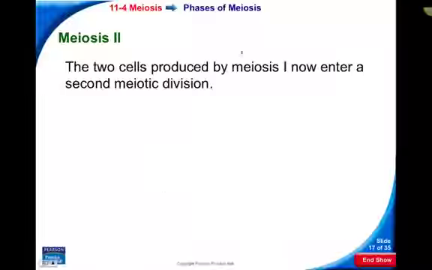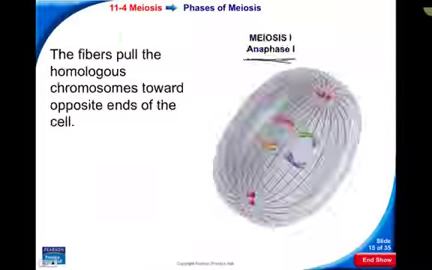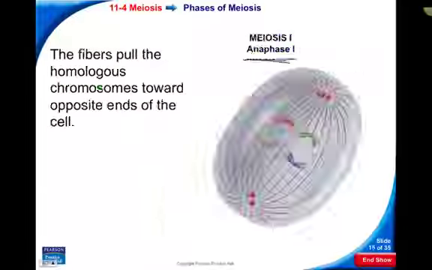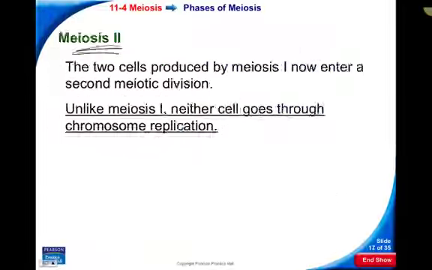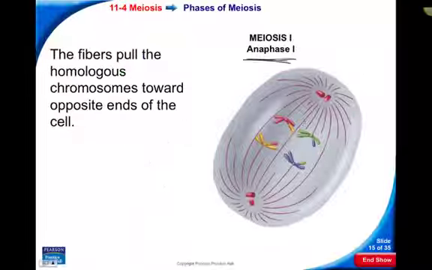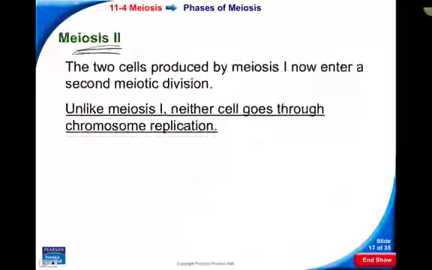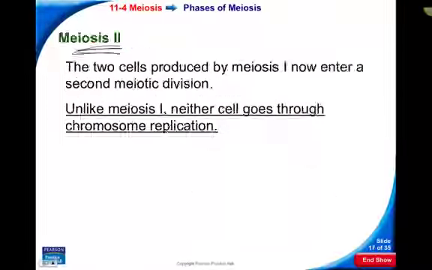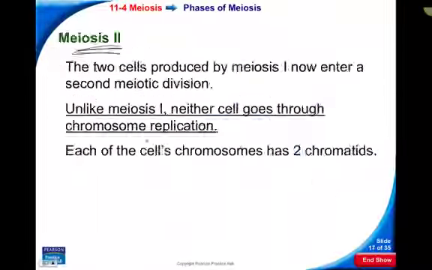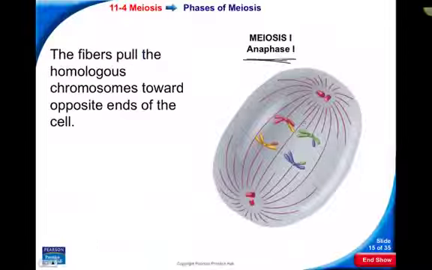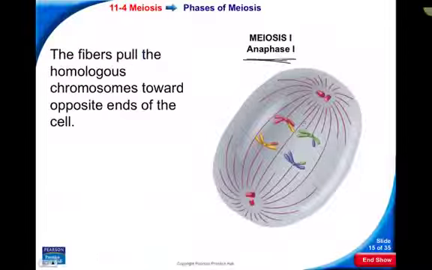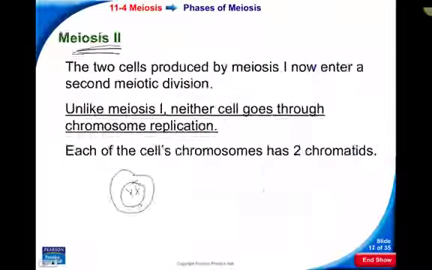Okay, so now the 2 cells that were just produced enter something called meiosis 2. Unlike meiosis 1, neither cell goes through chromosome replication, so they're just going to stick with what they have. They're not going to replicate those chromosomes. Remember, our cells now have only 2 chromosomes.